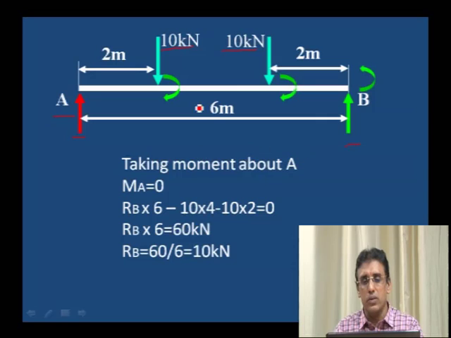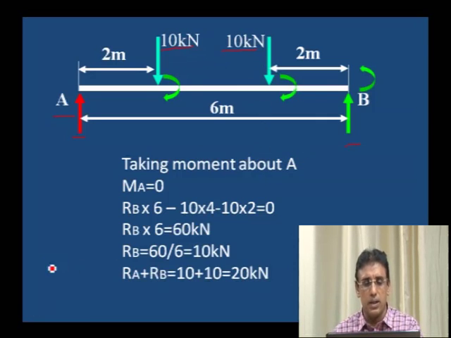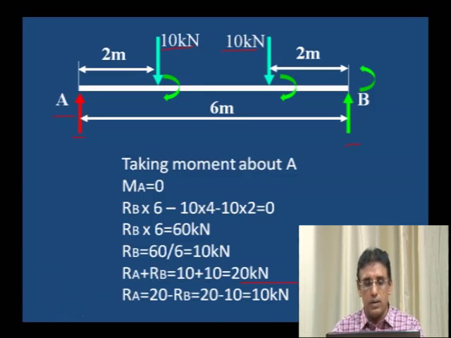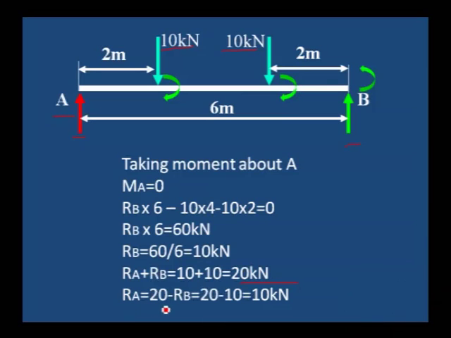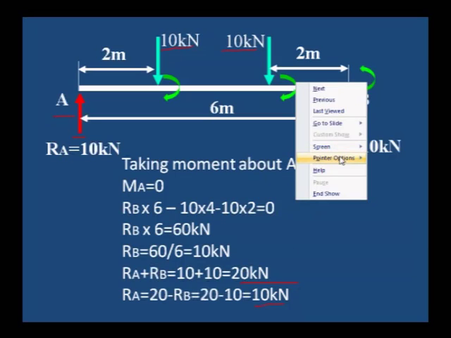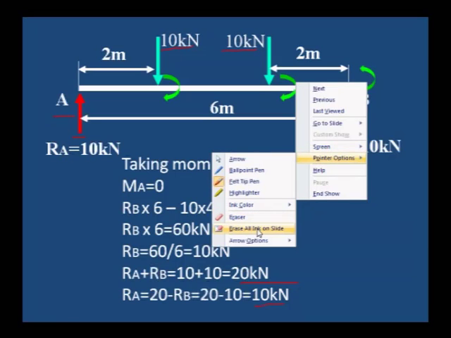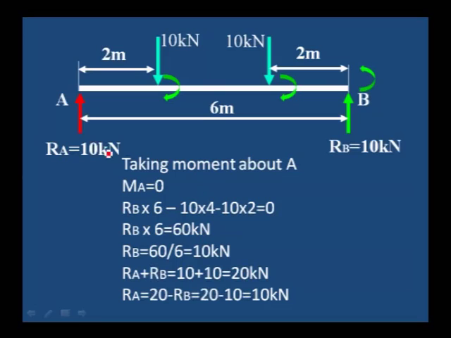RA plus RB is equal to 10 plus 10, 20 kilonewton. RA is equal to 20 minus RB. Therefore, 20 minus 10 is equal to 10 kilonewton. Here we got the RA value and RB value as 10 kilonewton. Why did we get equal values? You can observe here.